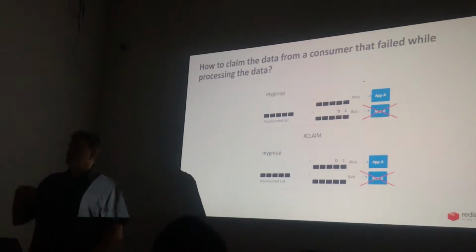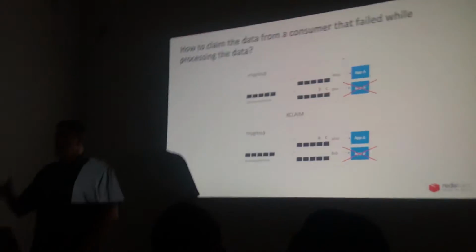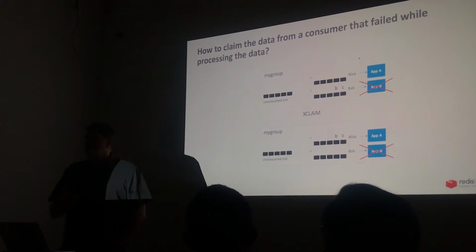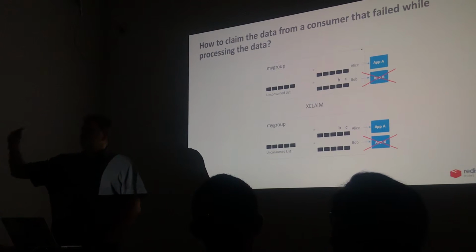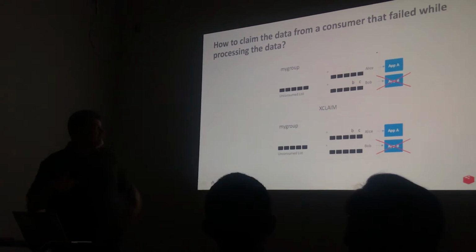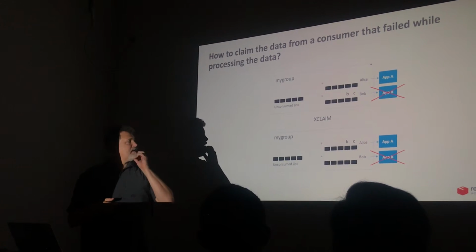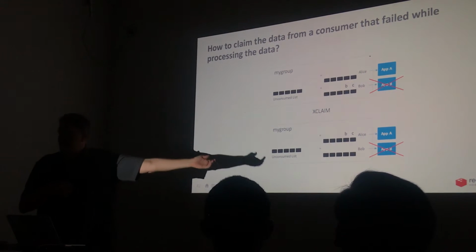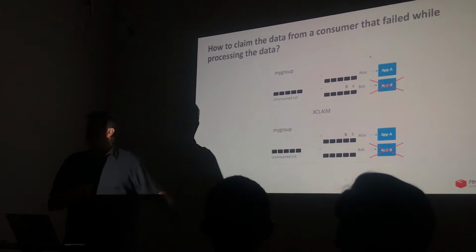For example, let's say that your consumer crashes and it comes back up and it doesn't remember what it read in the past. You can tell it to then read and get anything that has not been acknowledged. So you can say, I want to claim a key that has not been acknowledged.